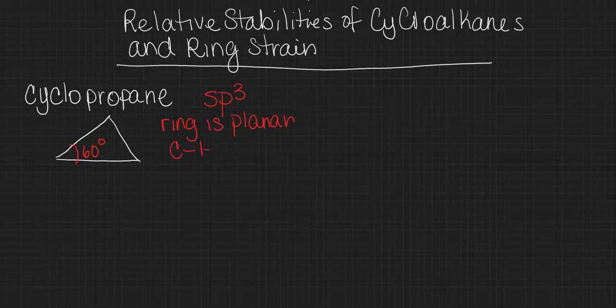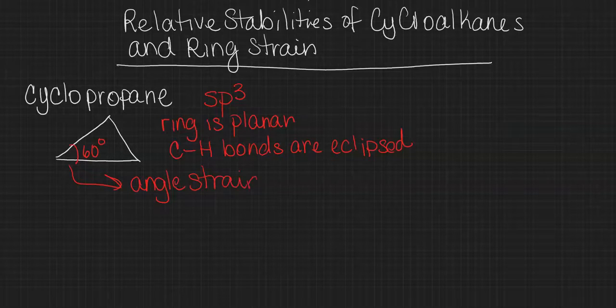The carbon-hydrogen bonds are eclipsed, and with that 60 degrees, we have angle strain. And when we talk about angle strain, that is a deviation from the ideal angle.